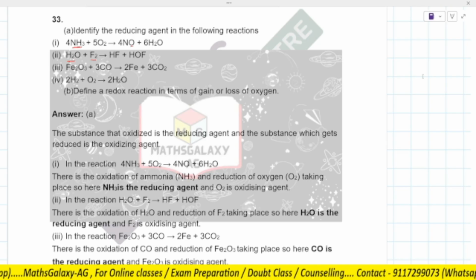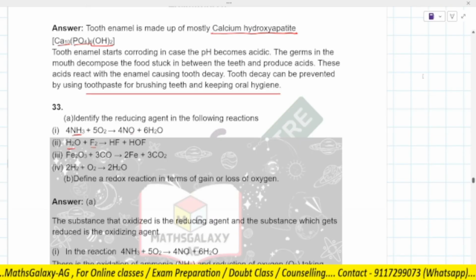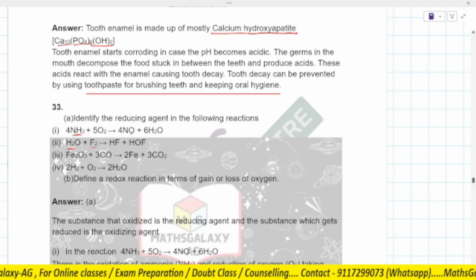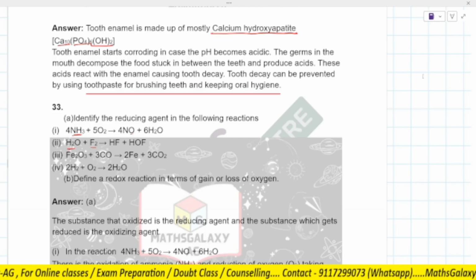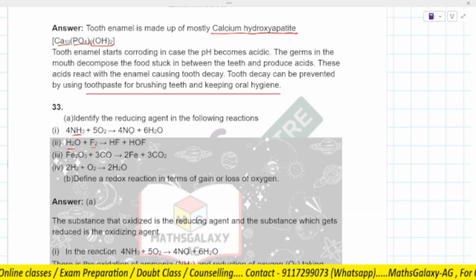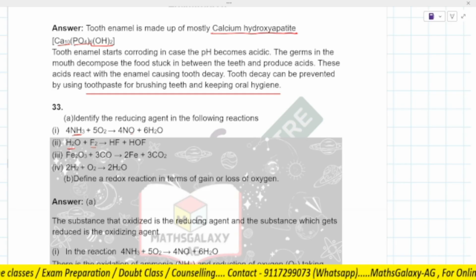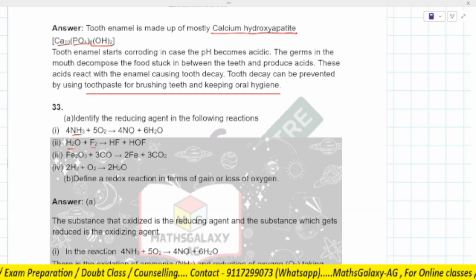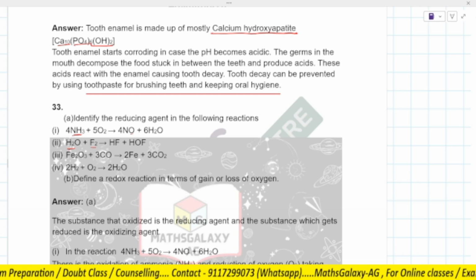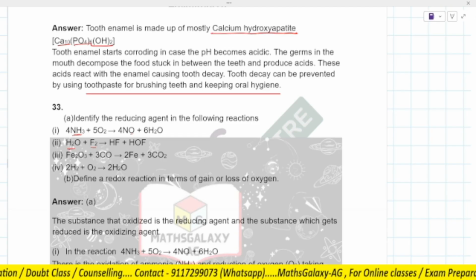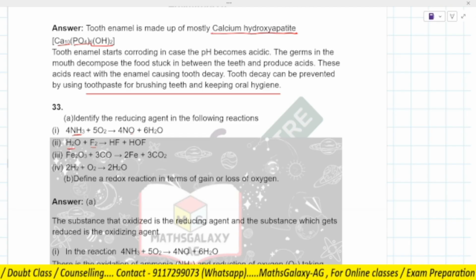Now in the reaction Fe2O3 plus 3CO, it will be 2Fe plus 3CO2. What is the reducing agent? The one which removes oxygen, CO. Fe2O3 becomes Fe.